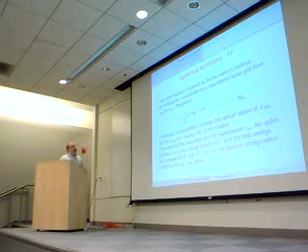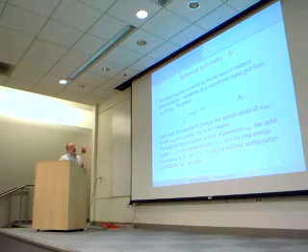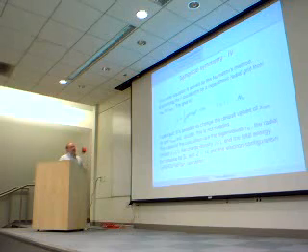So the reason to use a logarithmic grid like this one is that we need more resolution close to the nucleus, and then we can use less and less resolution as we go farther away from the nucleus.